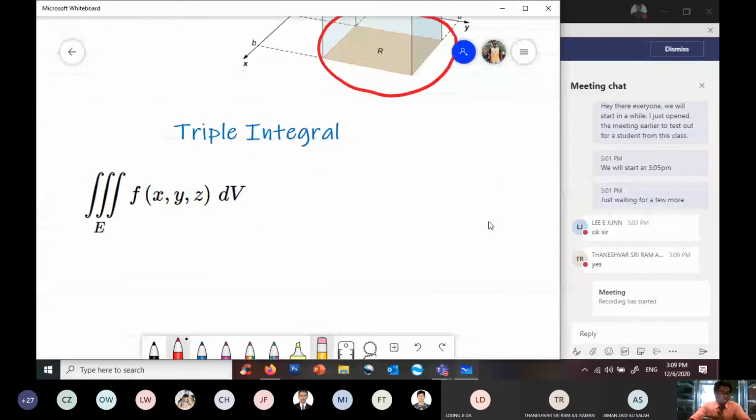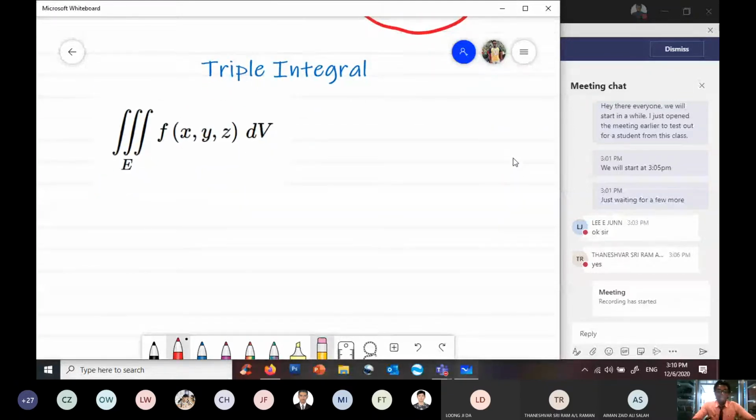Anyways, for a triple integral, I can't even tell you what it means using a diagram, because when you have three variables in a function and you try to plot it, it's actually a four-dimensional object. I can't even draw a four-dimensional object. We can't even see it, because the human eye can only see up to three dimensions.